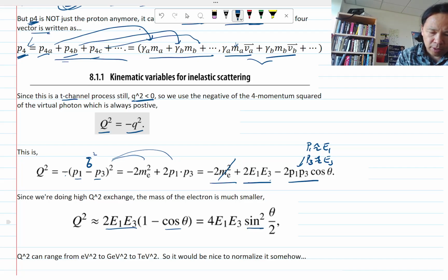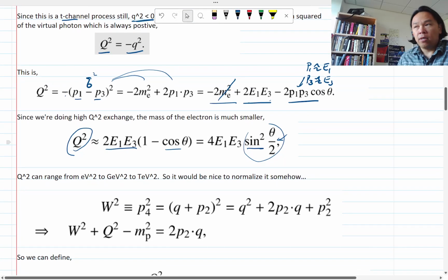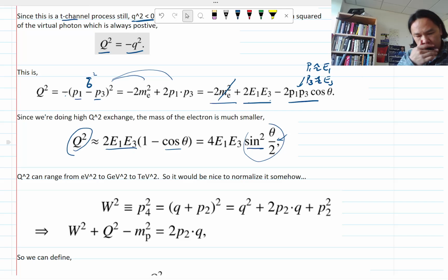And this is where we come up with the same equation as in chapter 7, where this 1 minus cosine becomes basically a factor of 2 with a sine square theta over 2, right? That's where the sine of theta over 2 comes from in the Mott cross-section, right? Sorry, in the Rutherford and the Mott cross-section.